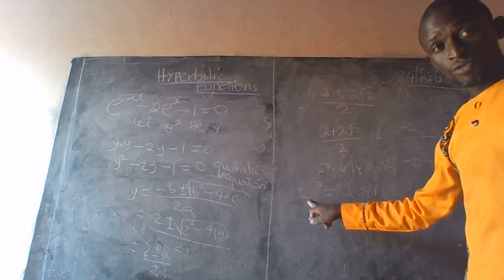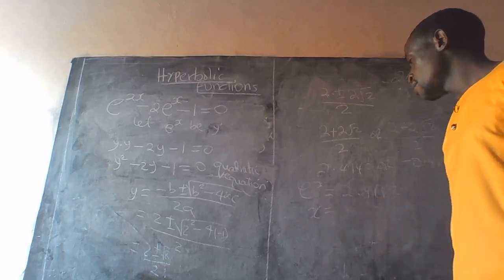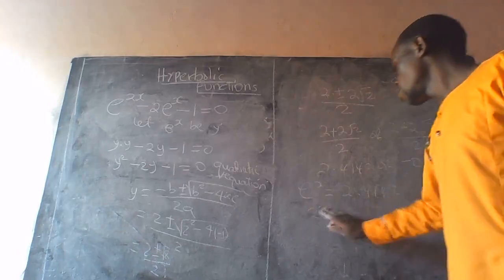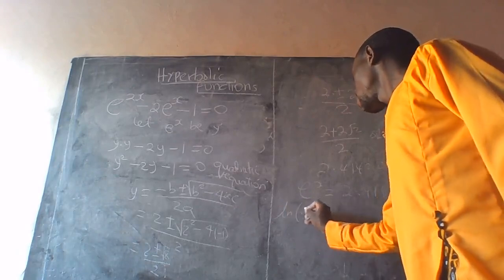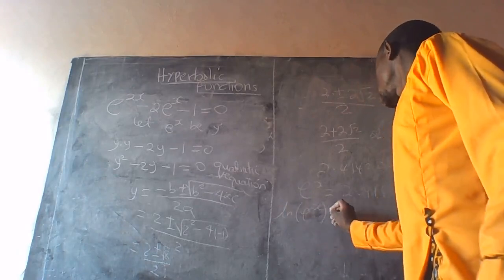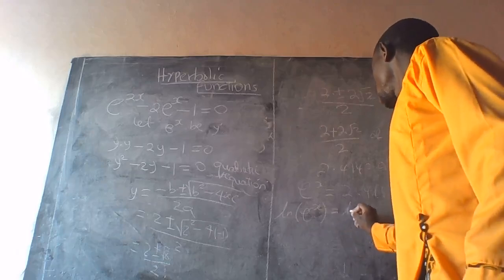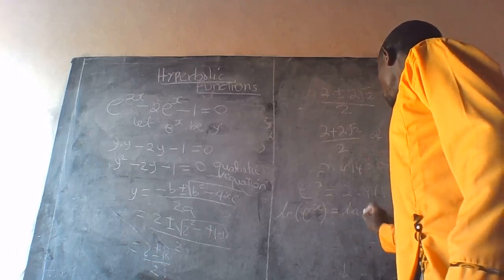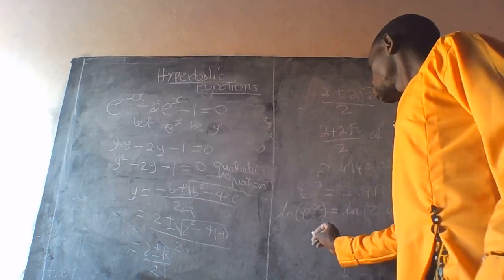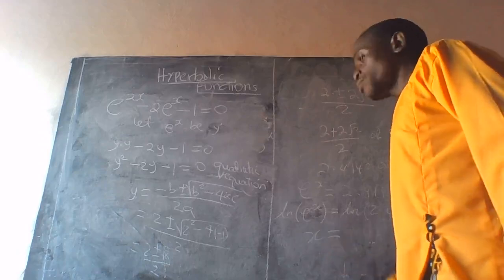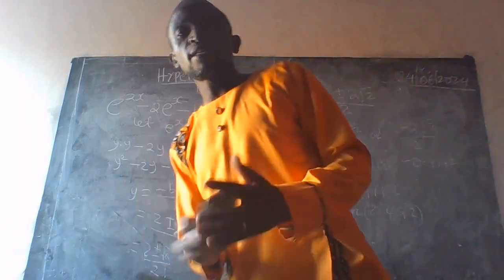Yes, that's how you do it. The natural logarithm of e to the X is equal to the natural logarithm of 2.4142.